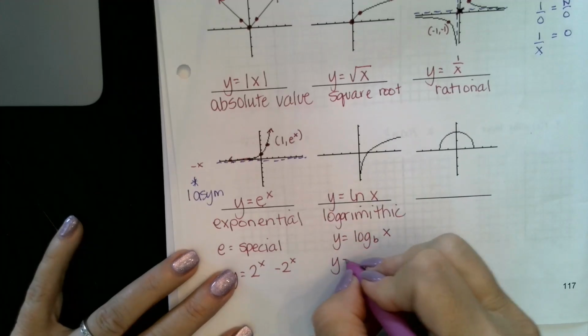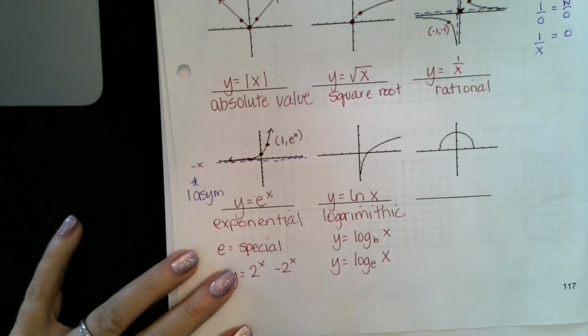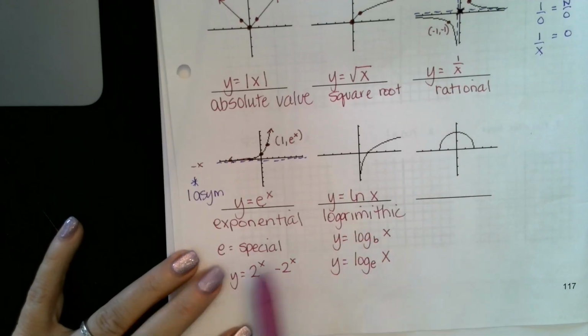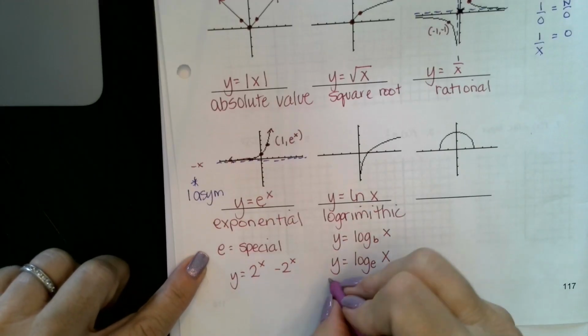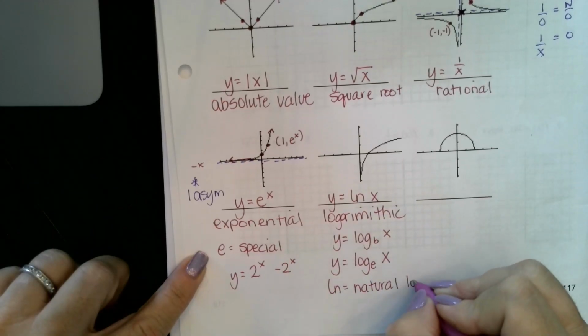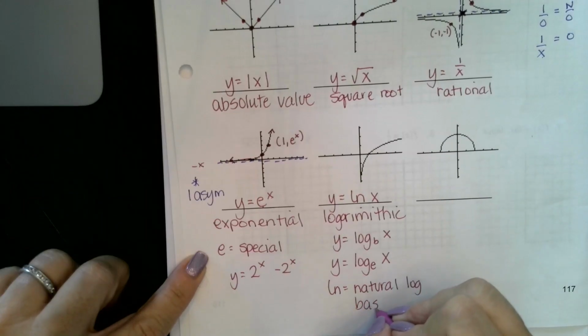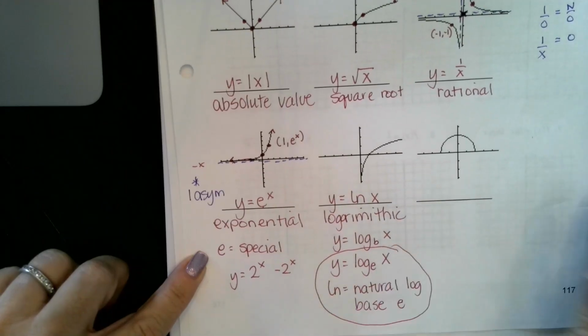So when I have a natural log, what I really have is log base e of x. It's a special log, and we call this ln our natural log. And this is when I have a base of e. So these two things here are related.